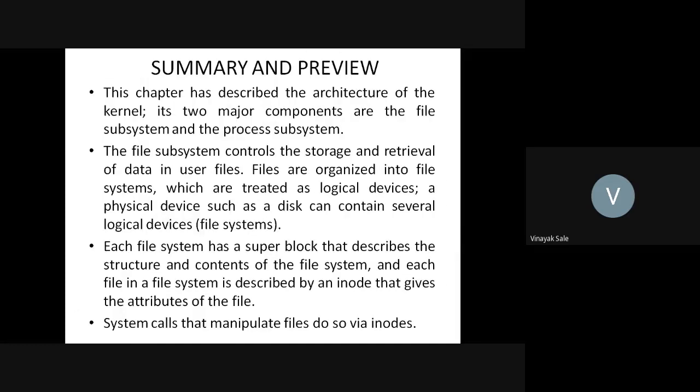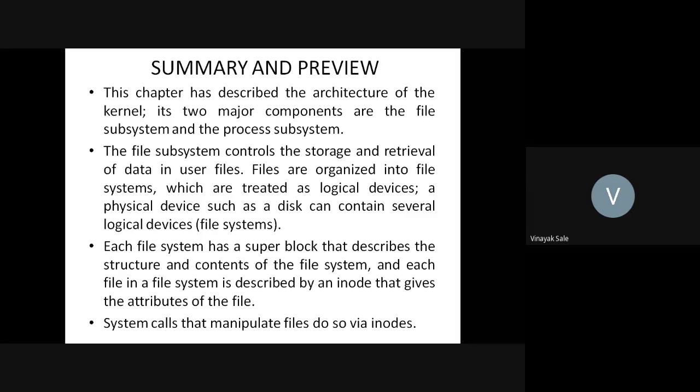So this is the completion of our first chapter, the introduction. We will take a review of this chapter. This chapter has described the architecture of the kernel and its two major components, the file subsystem and the process subsystem. The file subsystem controls the storage and retrieval of data in user files. Files are organized into file systems, which are treated as logical devices; a physical device such as a disk can contain several logical devices.